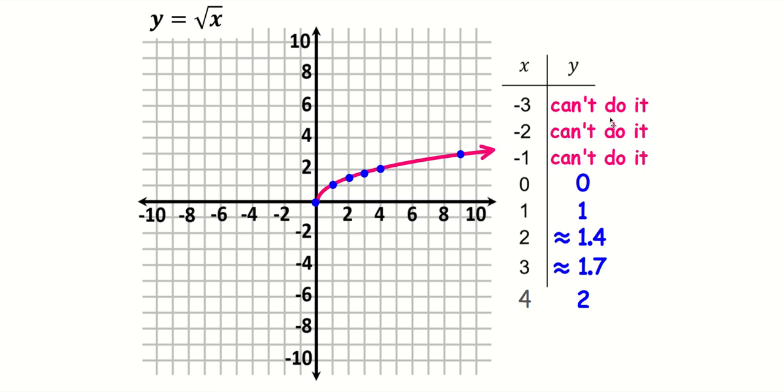And literally, because of this situation, there literally is no graph to the left of the y-axis, because you can't plug in any of these. There's no points at all. So that's why this graph starts out of thin air and then goes off to the right. For all of these x values, there's going to be dots somewhere.